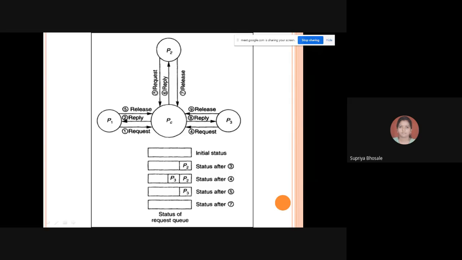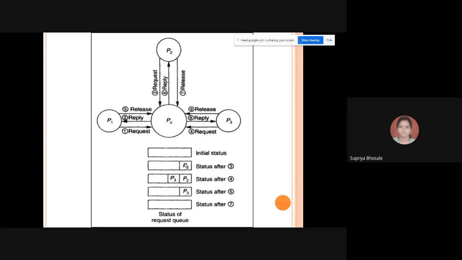Okay, so after this third request comes to PC, this is the status of your queue: your P2 request will come into the request queue, right?